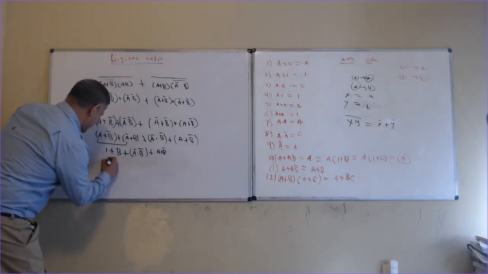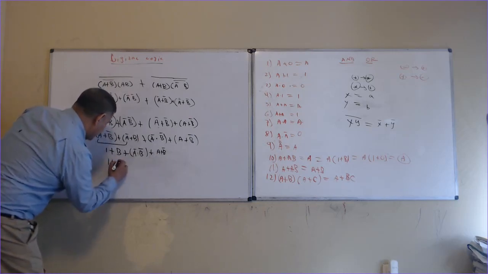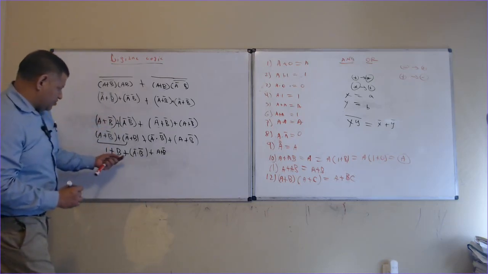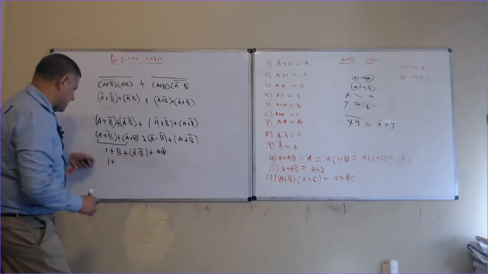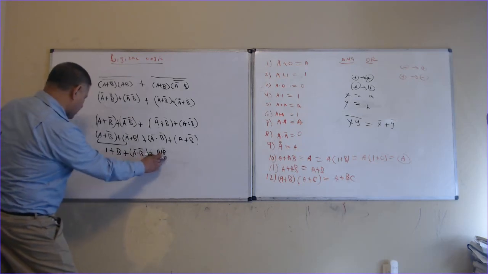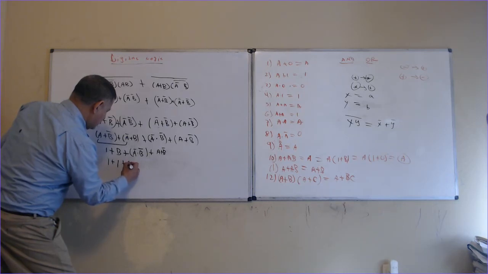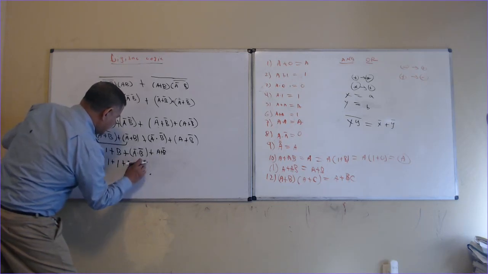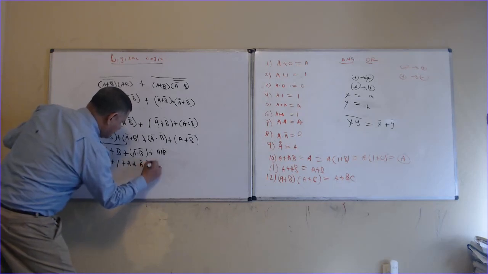Now I can say that 1 plus getting that by itself right here, I can actually say that this is equal to another one. So plus 1, right? Plus A by itself, plus this guy plus A bar times B bar.